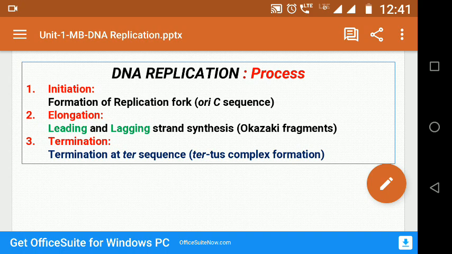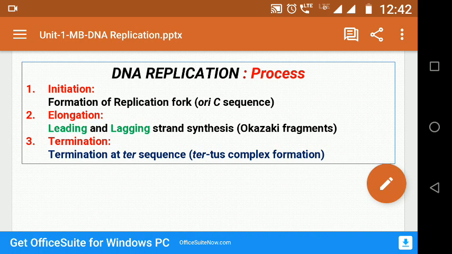And finally, we will see about the termination process. Like initiation, termination is also very essential, and there is a specific point where the termination of replication takes place. Like the origin sequence for the beginning of the replication process, we have a termination sequence in the E. coli cell DNA for the termination of the replication process.